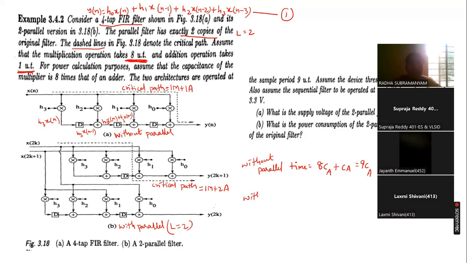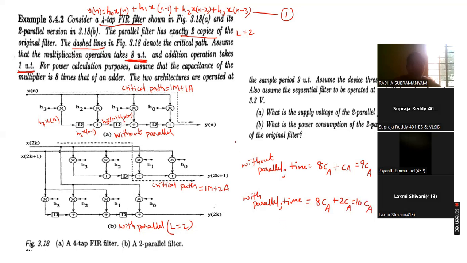Now with parallel processing, in the critical path, one multiplier and two adders are there. Multiplier takes 8 times the computational time of the adder, plus 2 times for the adders. It totally becomes 10 times the computational time of the adder.